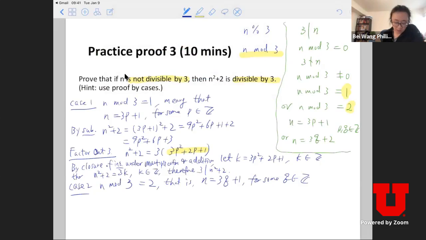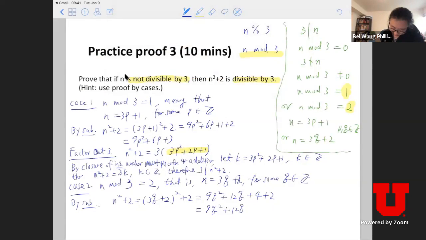Now we are going to do similar things for the second case. Again, by substitution, n squared plus 2 is equal to (3q plus 2) squared plus 2, which is equal to 9q squared plus 12q plus 4 plus 2, which equals 9q squared plus 12q plus 6.